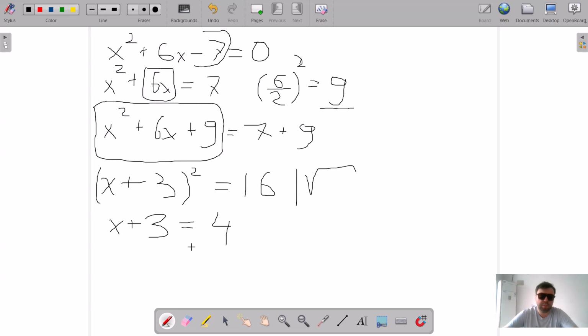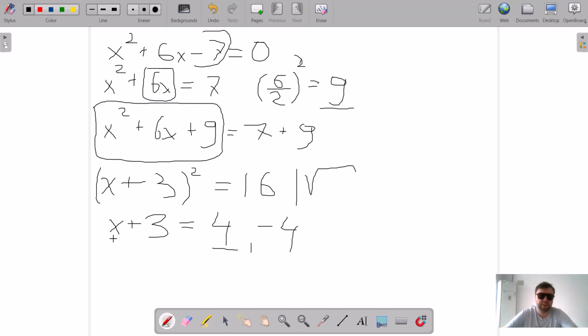And what we need to remember is that in the completing the square method, we solve for x for both plus 4 on the right side and minus 4. So it will have two solutions.